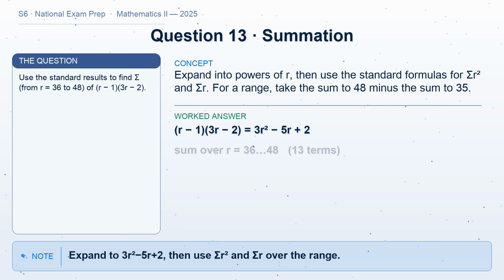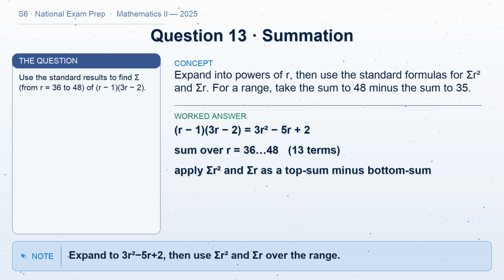Now we can use the known formulas for the sum of r squared and the sum of r. Because the sum starts at 36, we take the sum all the way to 48 and subtract the sum up to 35. That leaves exactly our 13 terms. Working the constant term as 13 twos as well, everything totals 66,638.